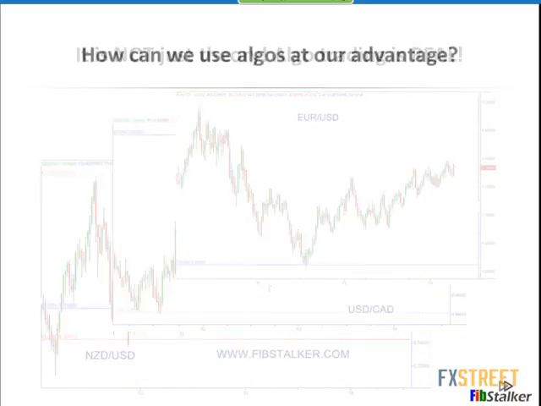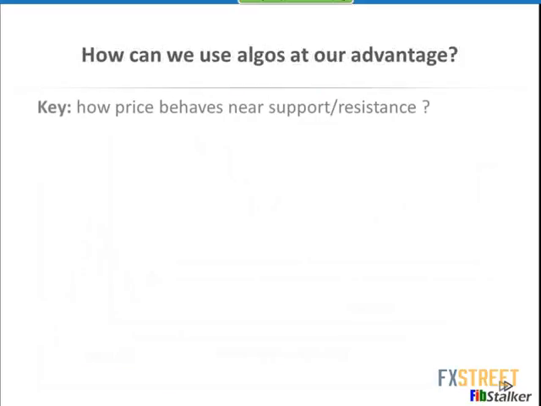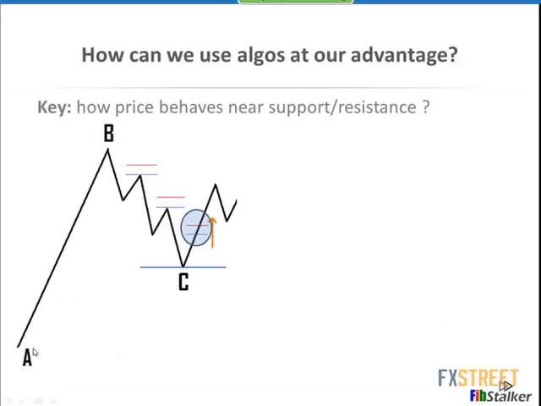So how can we use the presence of algorithmic trading on price? If you believe program trading is active on price on all time frames, I'll make an example later on, then let's consider this move A to B and a retracement into a level of support, or a level that should provide support.